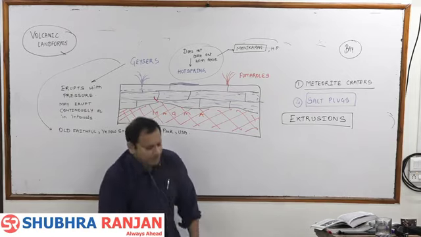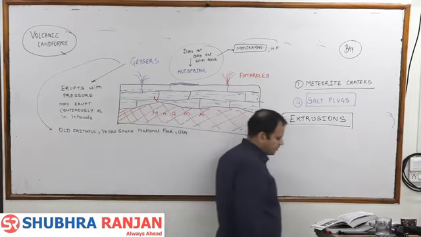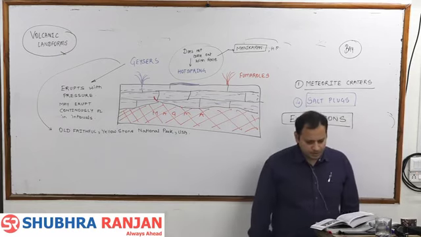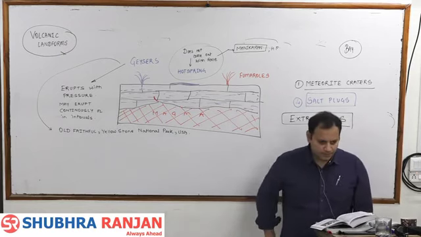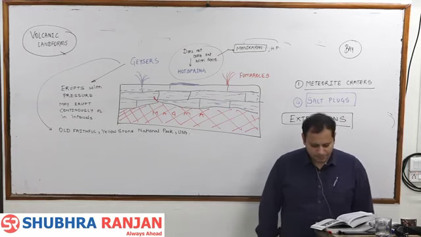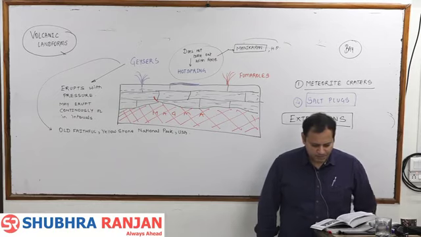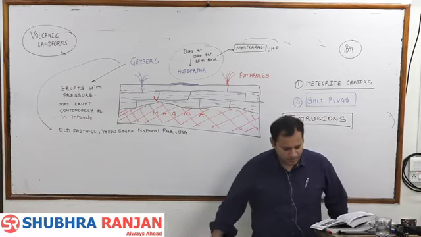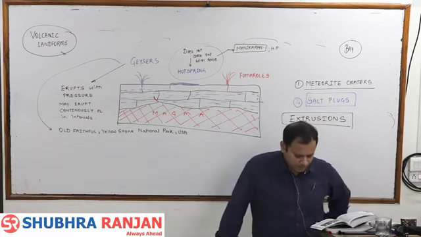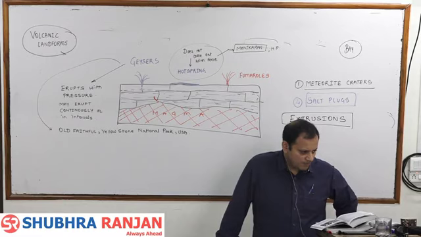Bracket closed. Salt extrusions take place in the form of salt hills, comma, glaciers, full stop.